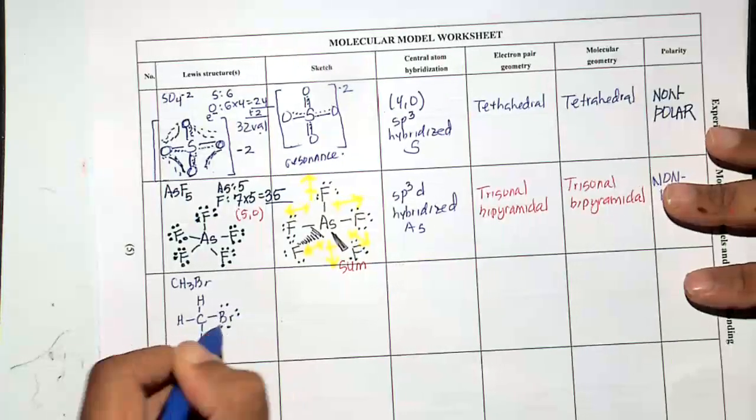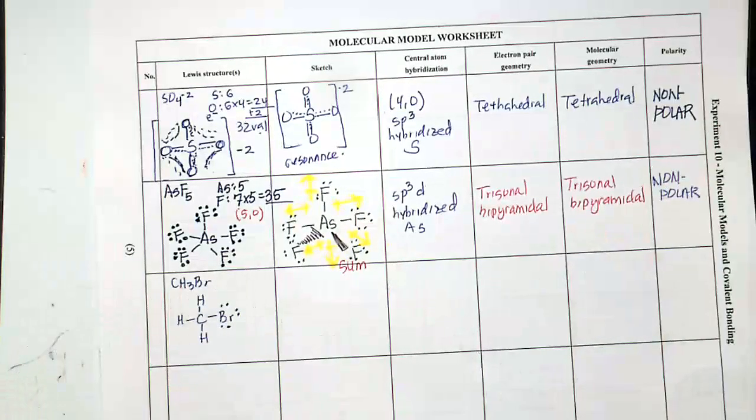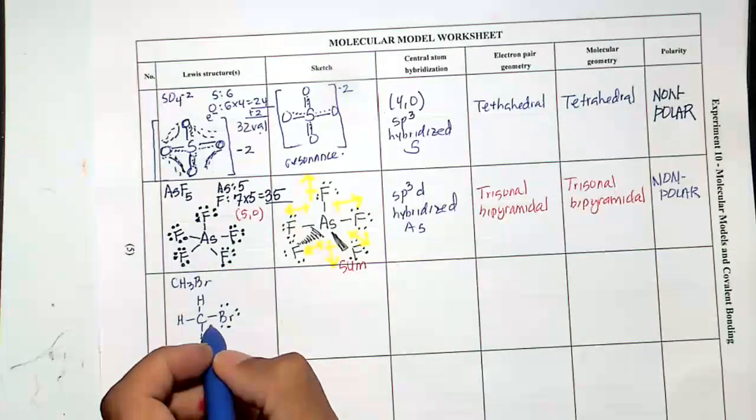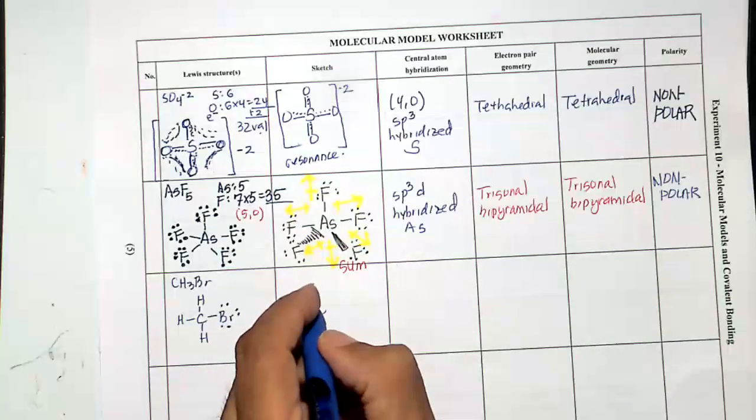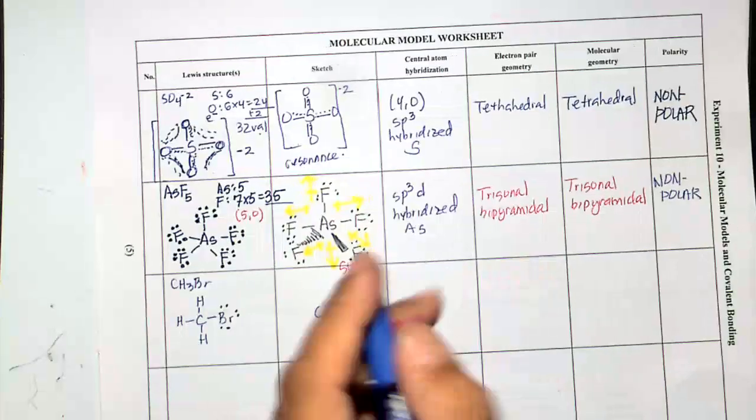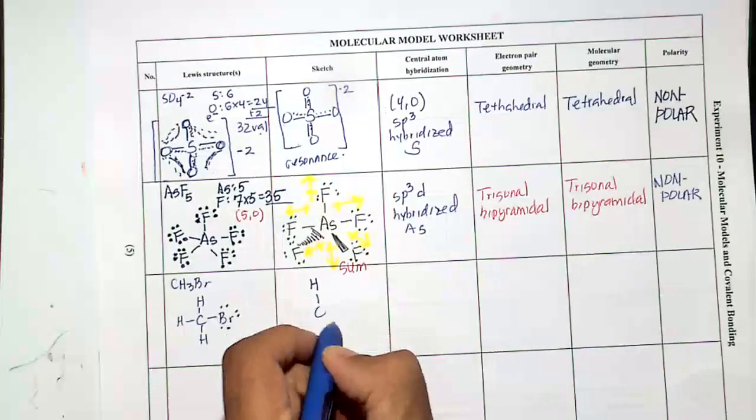Halogens, how do I want you to draw the halogens? Single bond with 3 lone pairs, okay? So what shape is this? Carbon with 4 bonds, 0 lone pairs. Tetrahedral, that's correct.